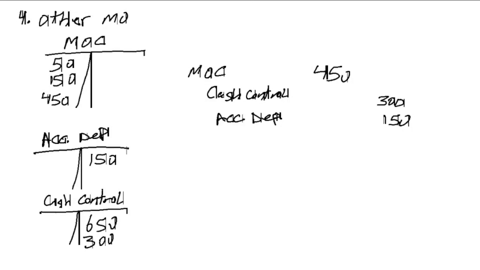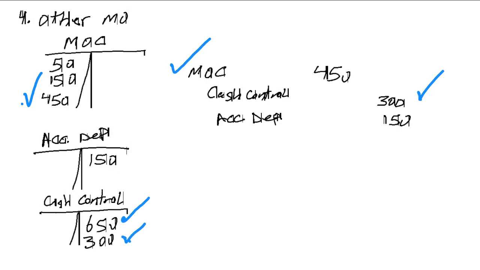So I debited manufacturing overhead control 450 here, and this is our journal entry, and I credit cash control, we paid 300. I had already cash control from the previous journal entry 650, now I credited 300, and this accumulated depreciation is credited $150.